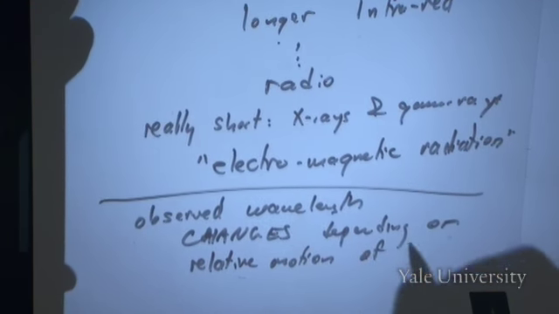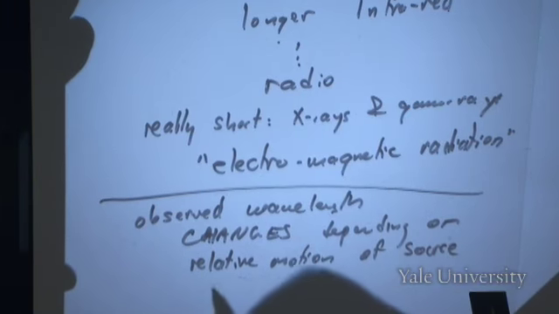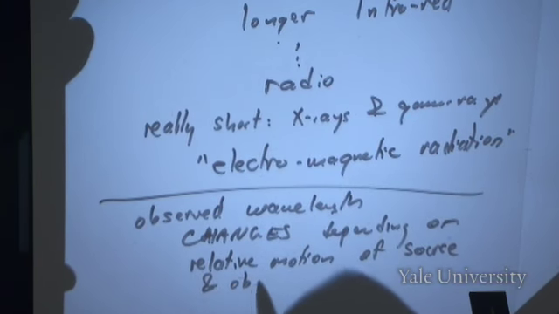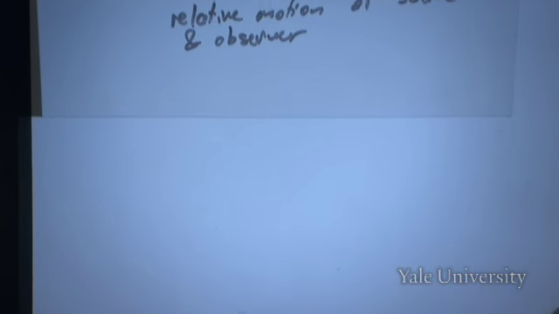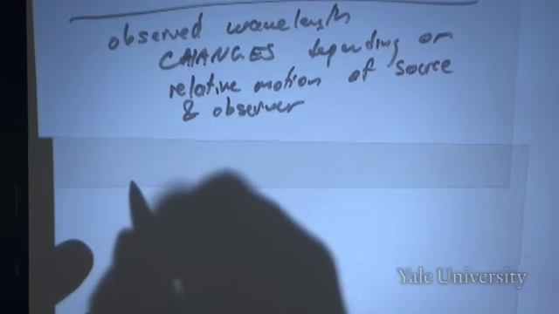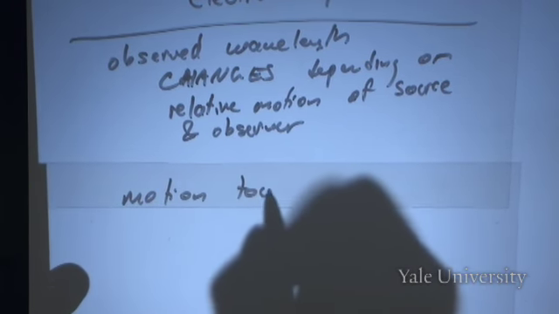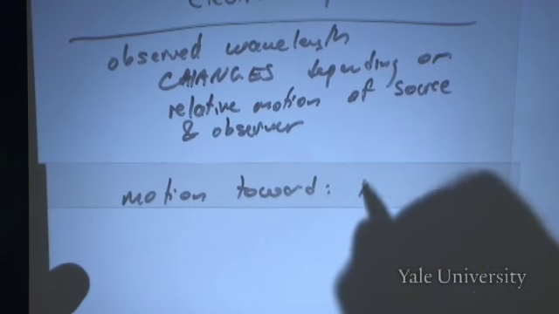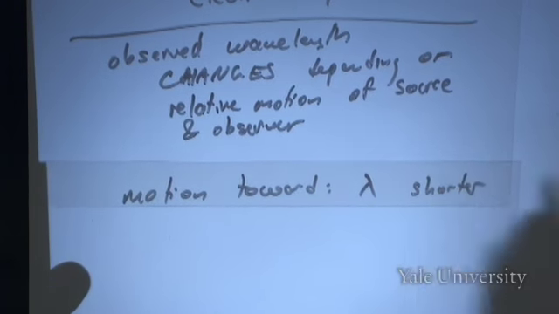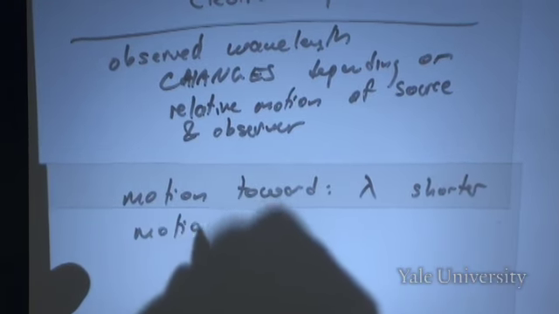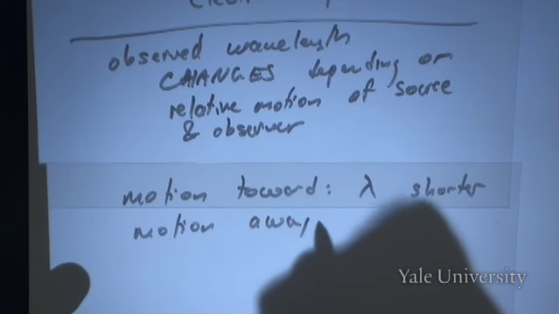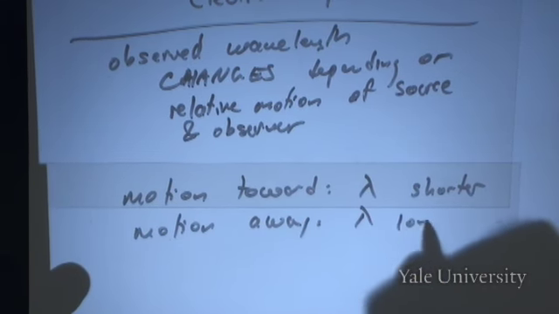Motion of source and observer. In particular, if they're moving toward each other, then the wavelength gets shorter. And if they're moving away from each other, the wavelength gets longer.